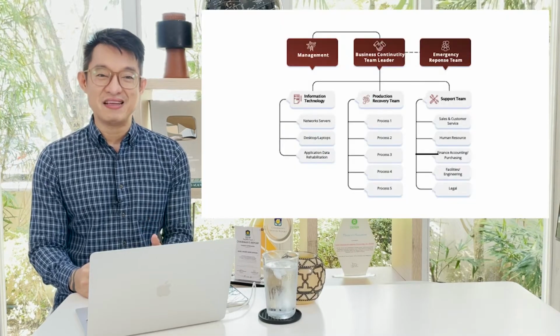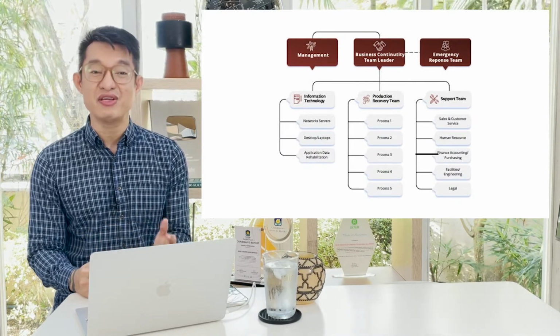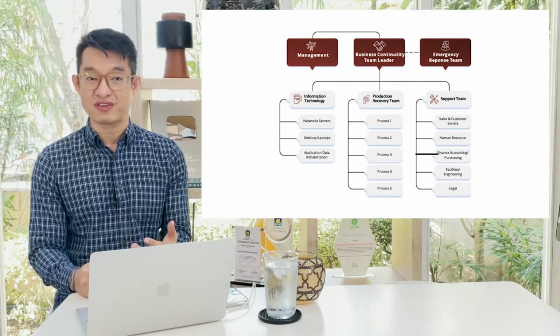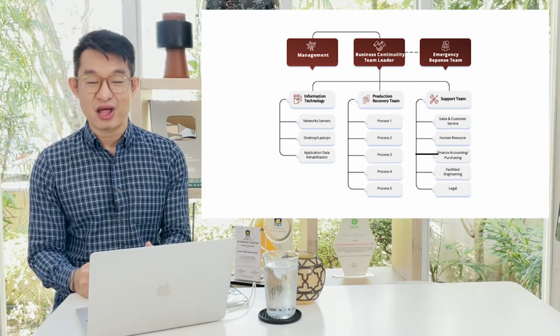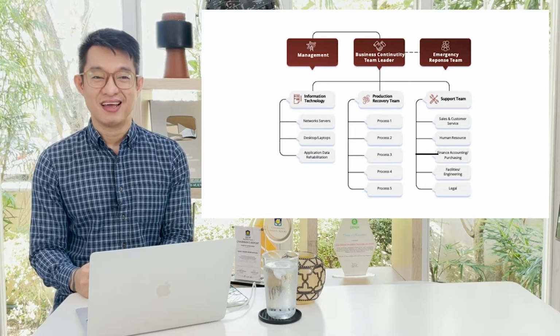The BCP leader also guides the necessary units, such as those focusing on information technology or IT, production recovery, and support. Please note that this is only for illustration purposes. Hence, the organizational chart will depend on the nature of the business and its priority activities.